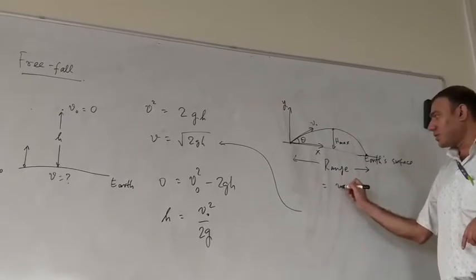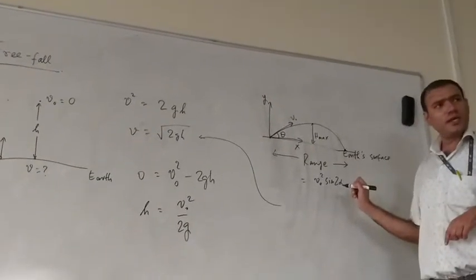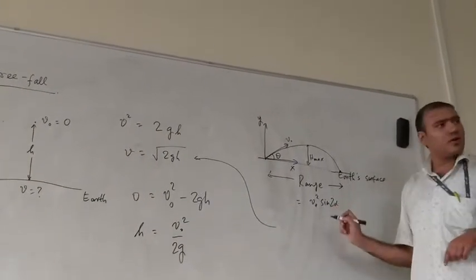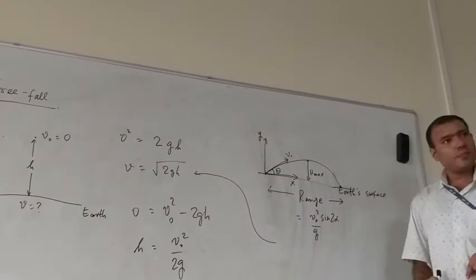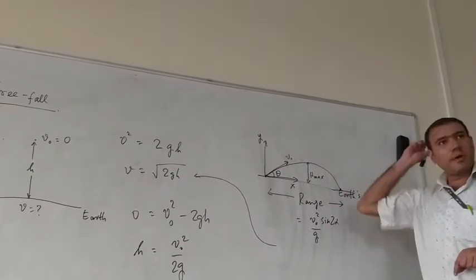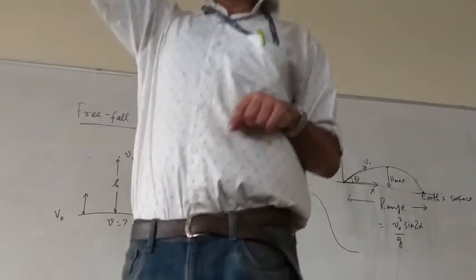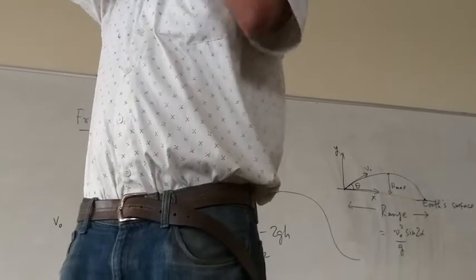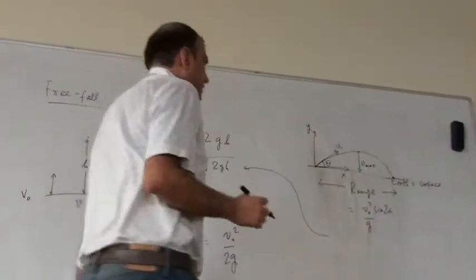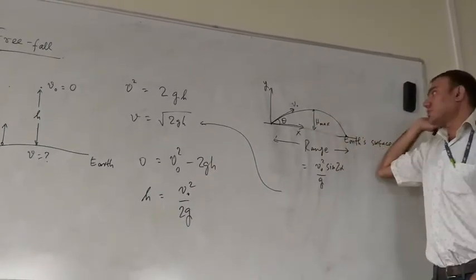So the range is v naught squared sine 2 theta over g. The maximum height is v naught squared sine squared theta over 2g. All these results you can derive from the equations of motion.